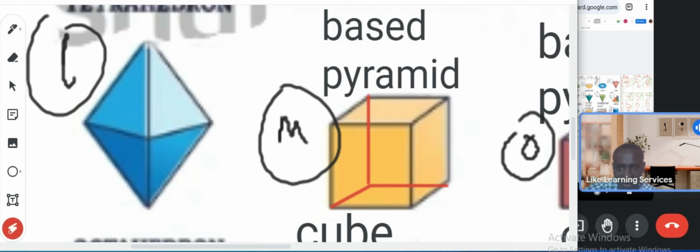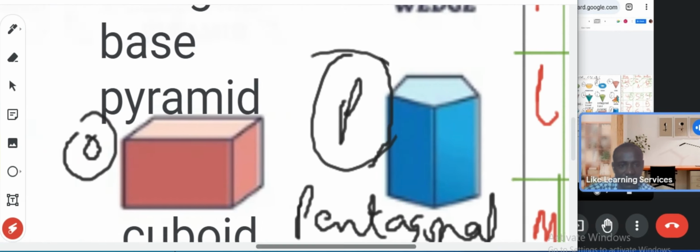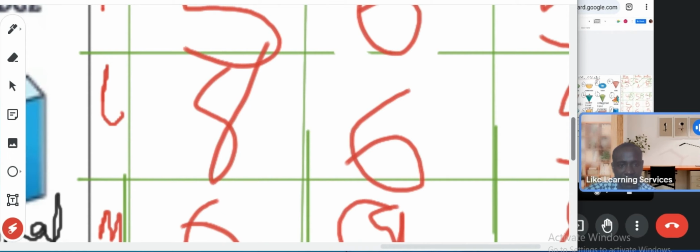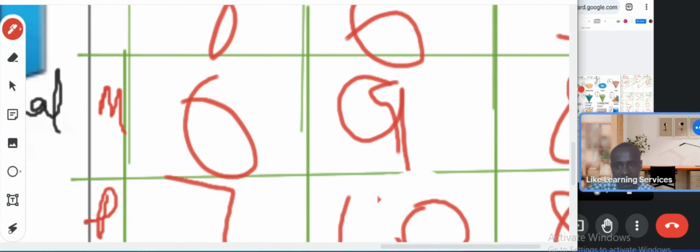Let me confirm. We have this 1, and the one opposite it 2, 3, and the one opposite it 4, and then 5, and the one opposite 6. So 6 faces, you are right. M is 6 faces, that's correct.